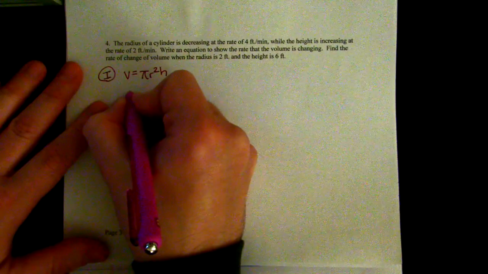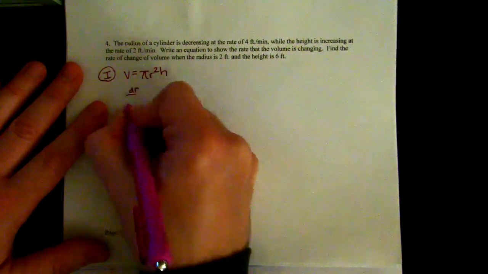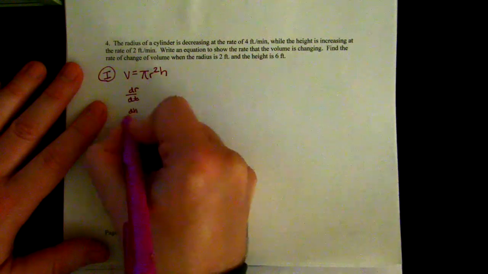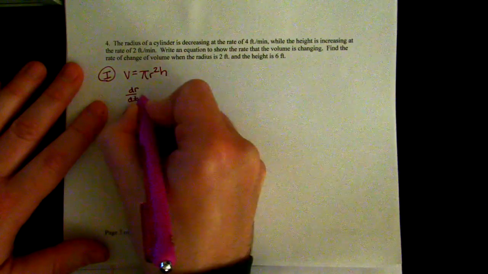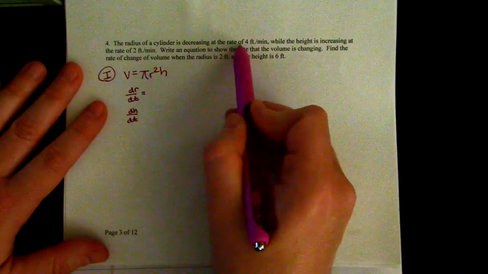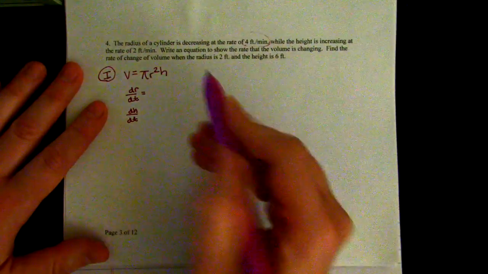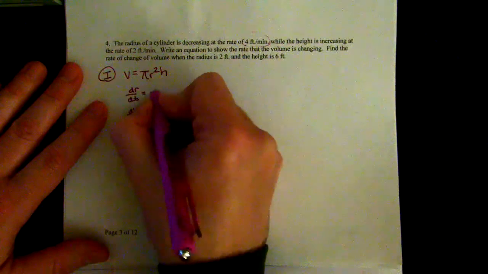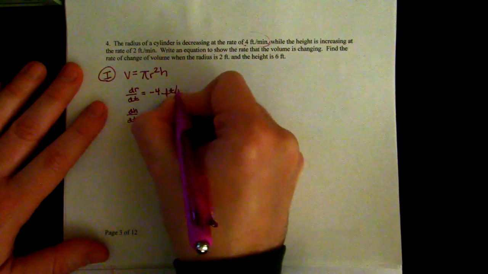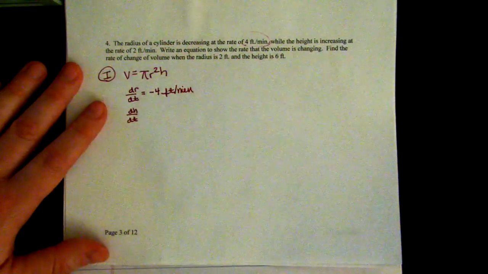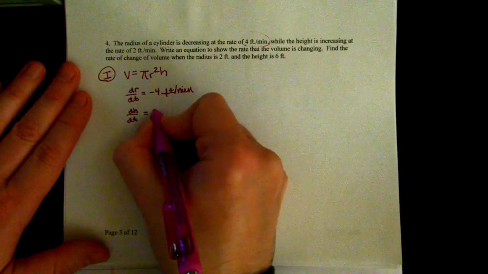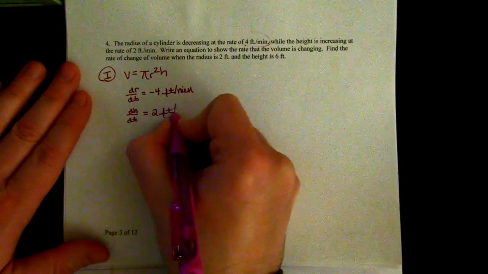But I do have dr dt, and I also have dh dt. dr dt is the rate of change of the radius, and I know the radius is decreasing at a rate of 4 feet per minute. I'm going to say dr dt equals negative, because it's decreasing, 4 feet per minute. dh dt, the rate of change of the height, is 2 feet per minute.